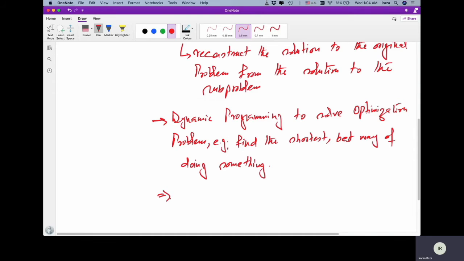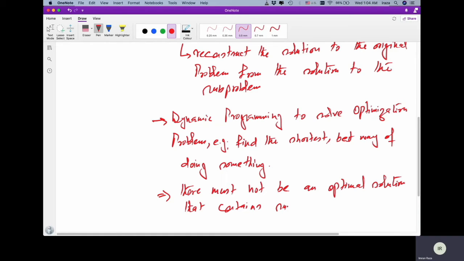So this means there must not be an optimal solution that contains a suboptimal solution to a subproblem.